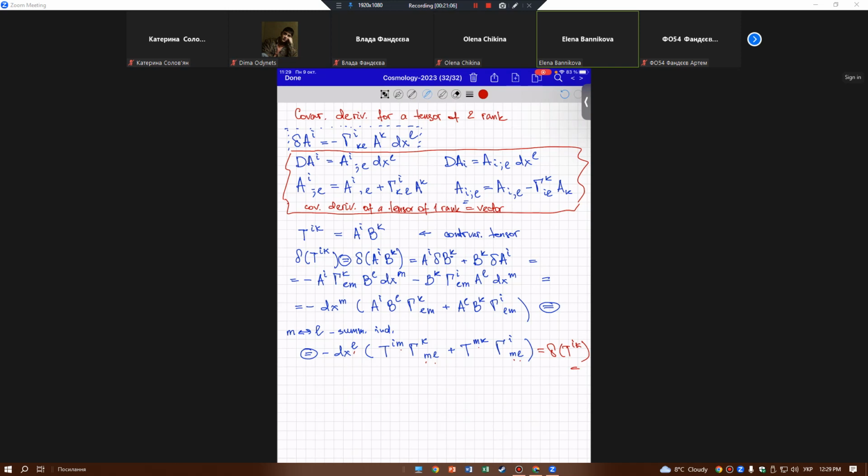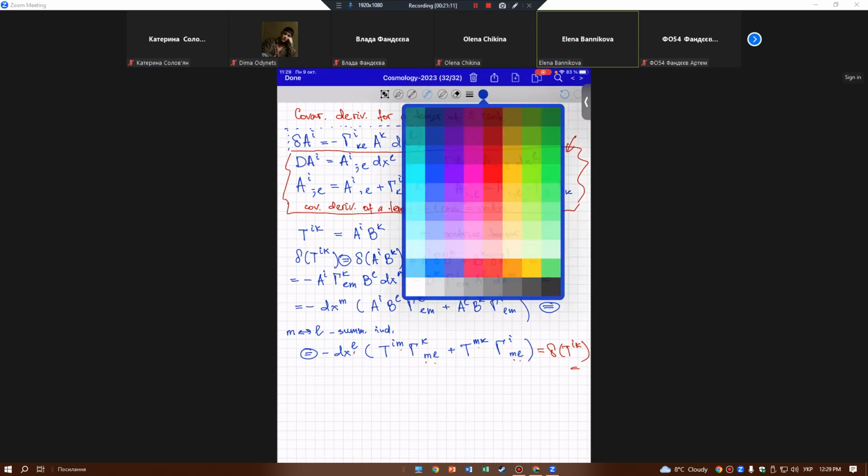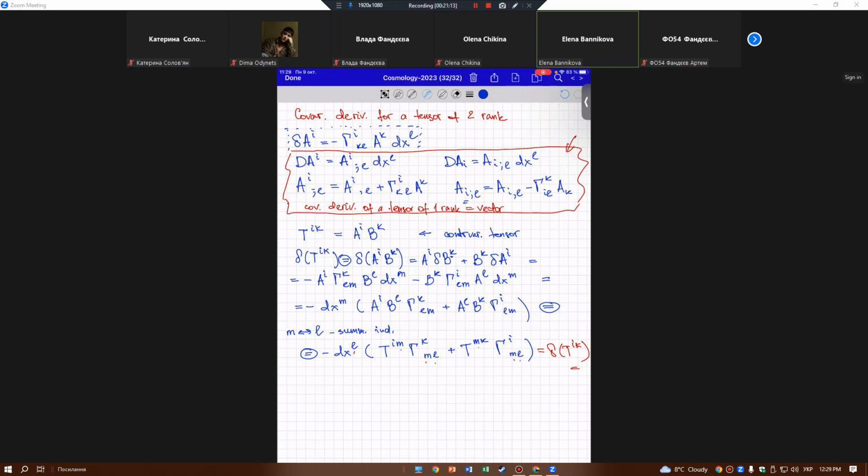Now I will remind us, look here, that the general determination of the differential dT^ik is the normal differential dT^ik minus delta T^ik, the same as what we did for vectors and covectors.